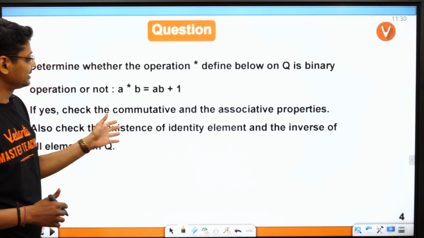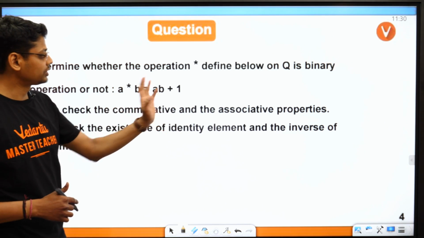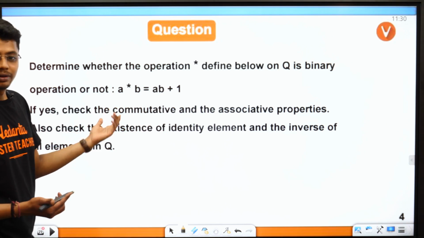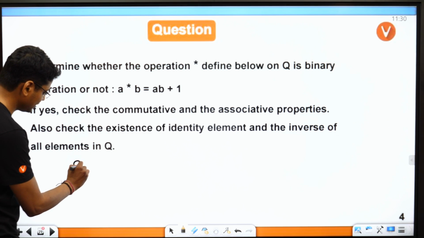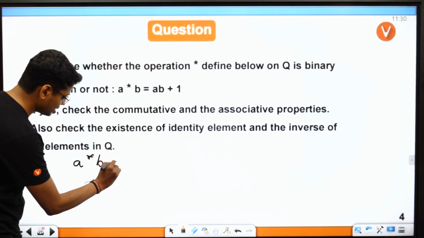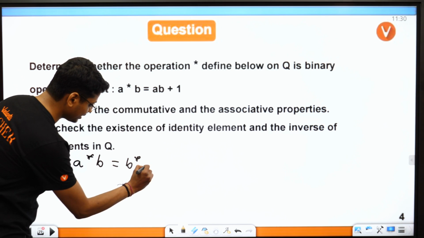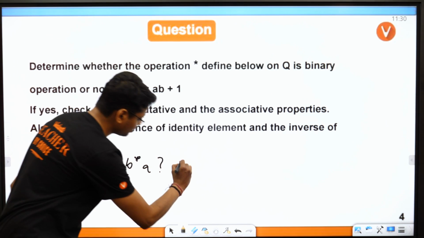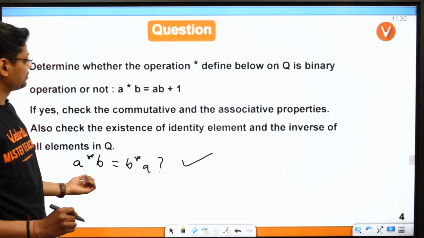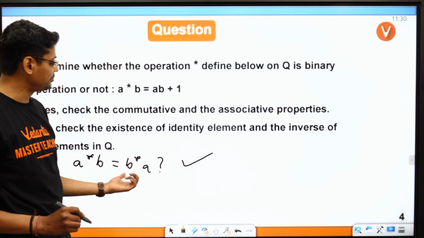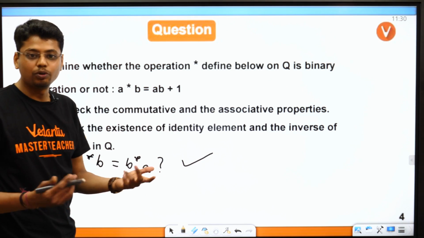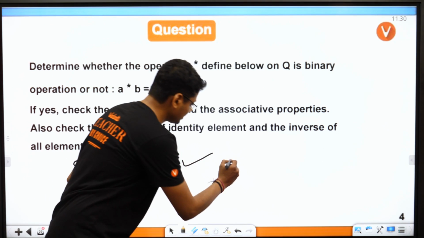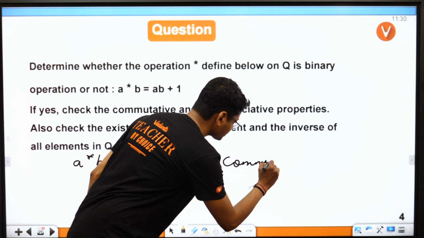Now to check whether it is commutative or associative or both, we just have to check whether a * b equal to b * a. So that would anyway be, why? Because a * b would be ab + 1 and b * a would be ba + 1. So both are equal. Hence it is commutative.